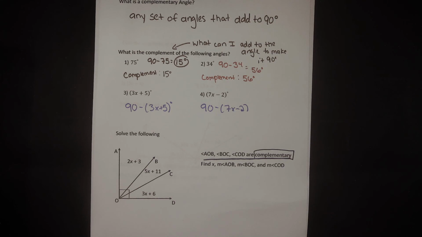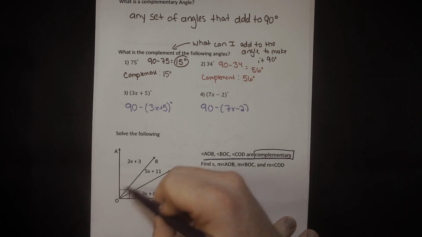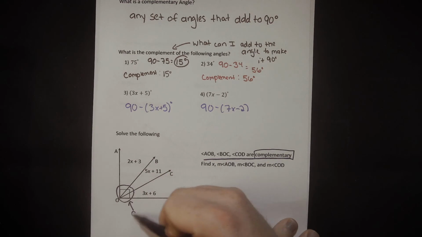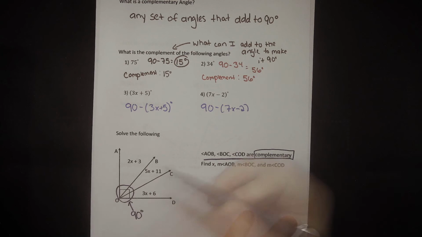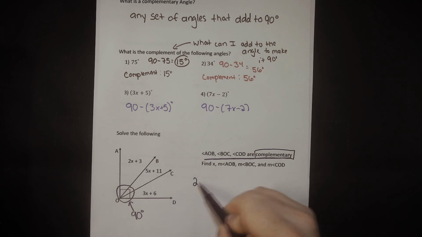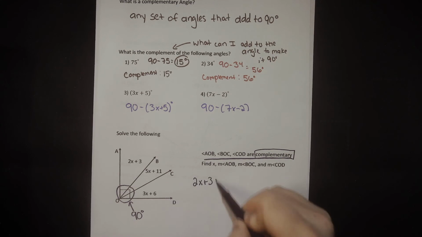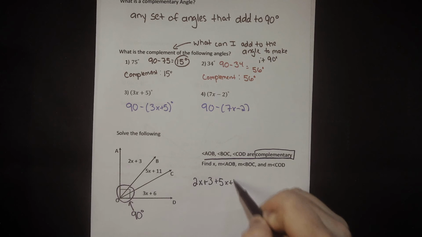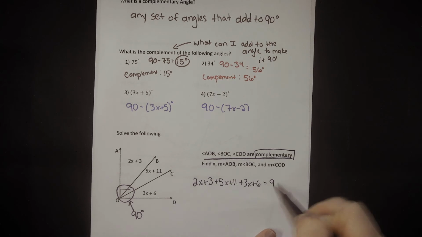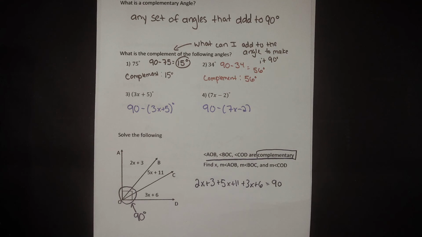Well, I still can see if something adds up to 90 because this little square in the corner always means 90 degrees. So, I know if I see that square, then all 3 of these angles are equal to 90. And I do the same thing that I've been doing with angle addition and segment addition. I just add all the x's together and add all the numbers together.